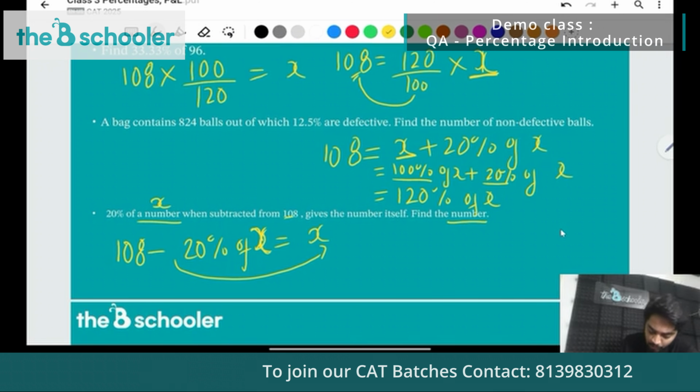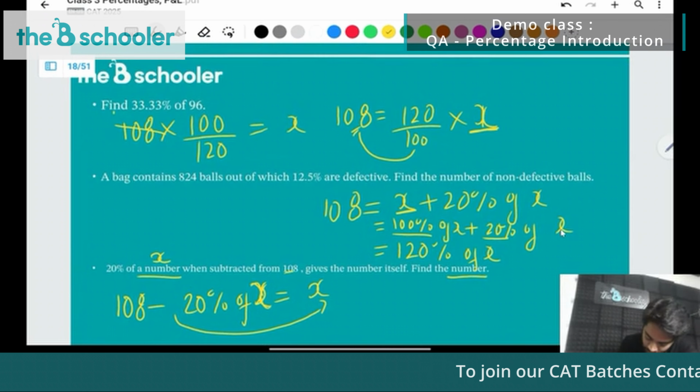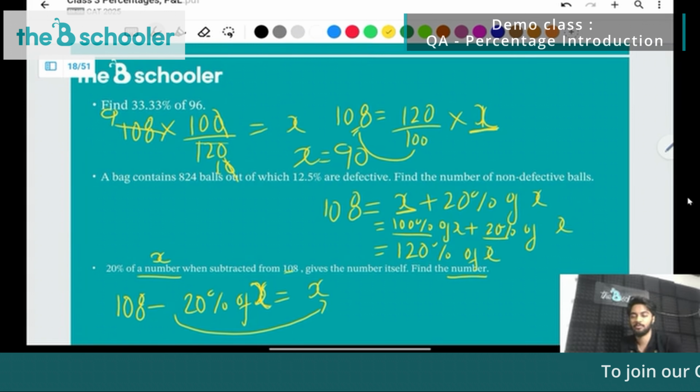Now if you know 108 is a multiple of 12 and 120 is also a multiple of 12, you get 9 and 10, you can cancel 10, and you will get x equal to 90. Is that clear? x equal to 90.